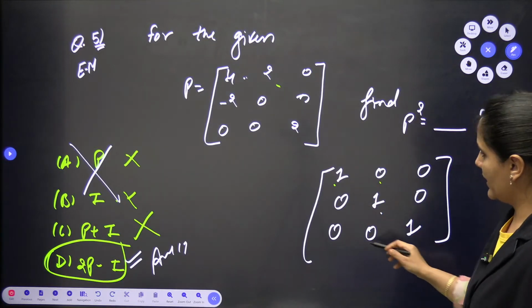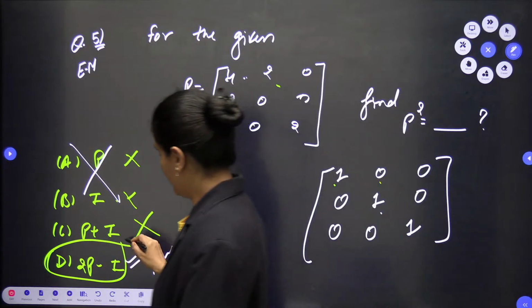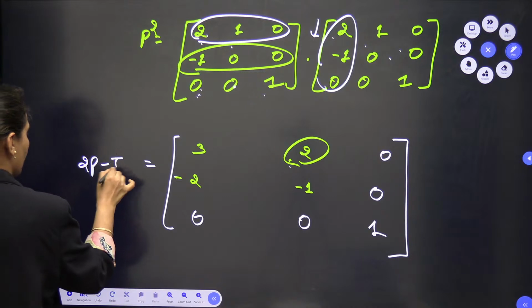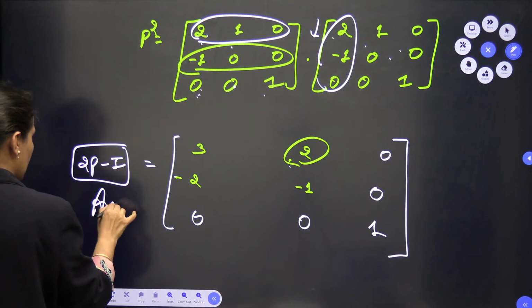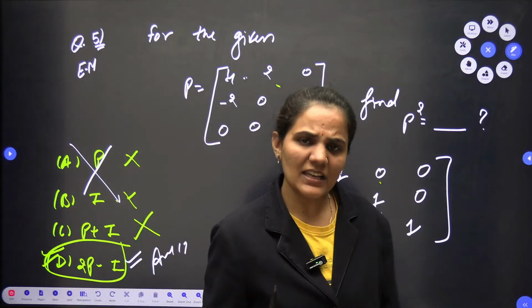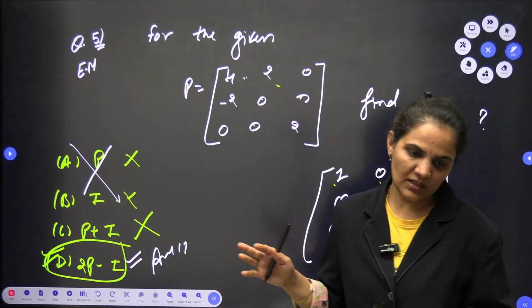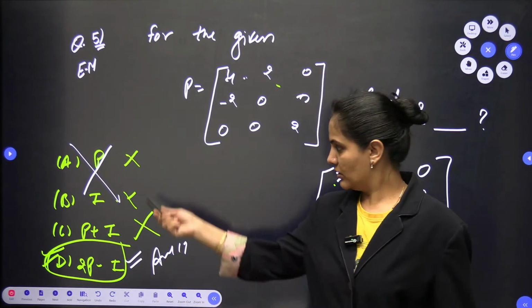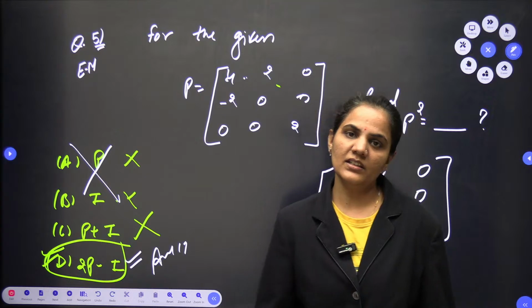And the last is 2 minus 1, 1, correct. Absolutely correct. So this is satisfying the result. This is 2P minus I. We can confirm the result as option D. I don't know about the sequence of the options, but I am talking about the pattern, the result. So these three are not satisfying, so surely this is the correct one.